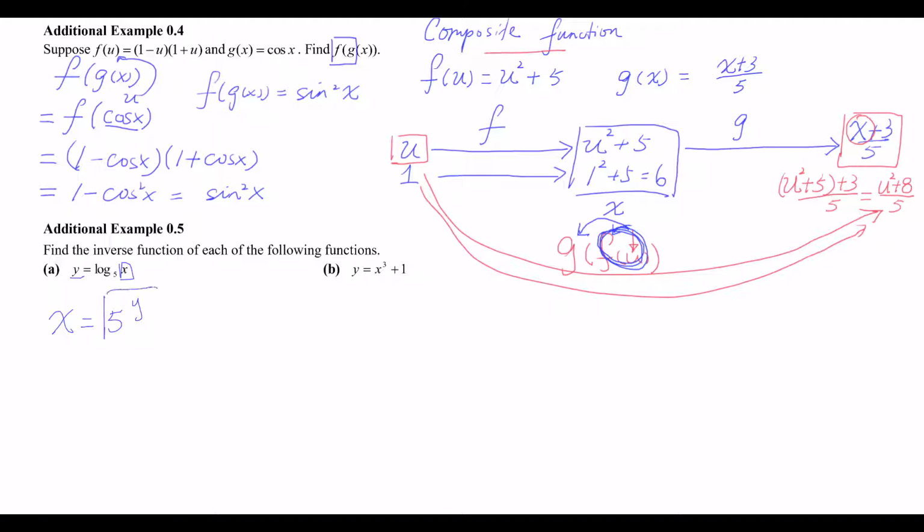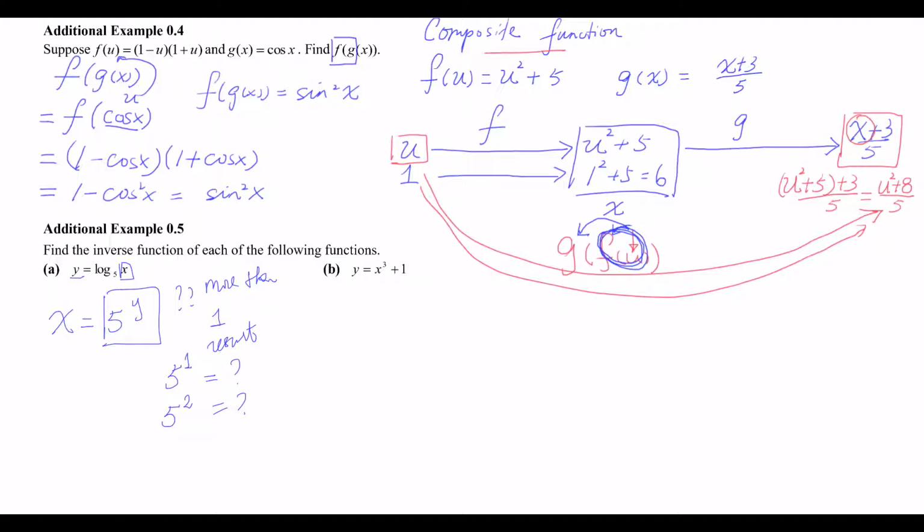Then you further think about it: for this kind of operation, will there be more than one result? Think about 5 to the power 1, what does it equal? Will there be two possible values? If I have, say, 5 squared, will there be two possible values?